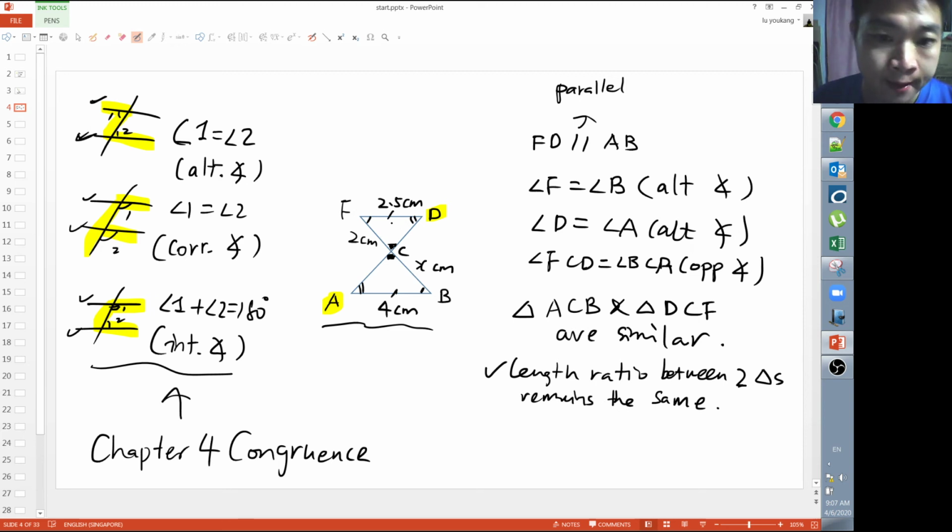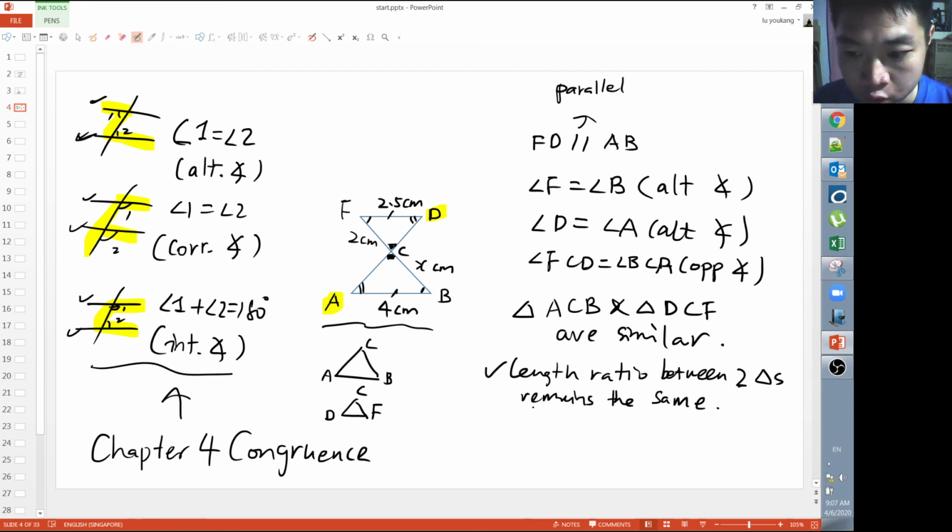You should know this triangle ABC matches with your triangle DCF, right? So what I mean by this statement is the length ratio between the two triangles remains the same.